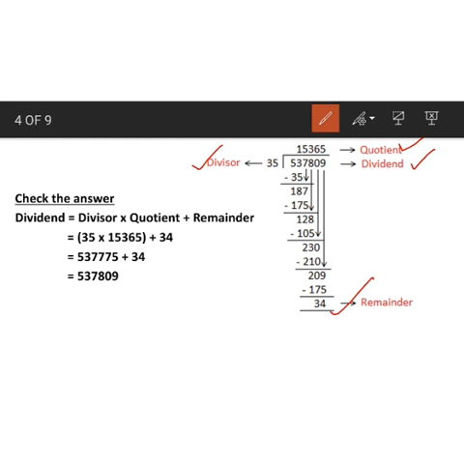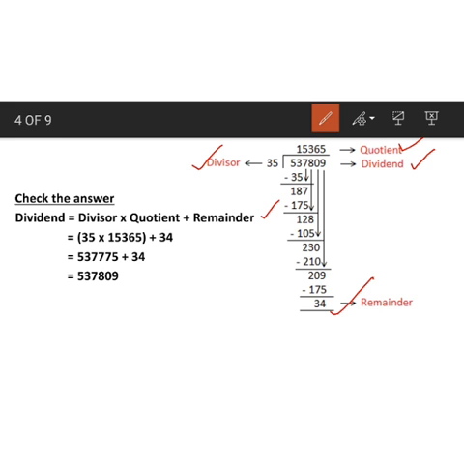Whether it is correct or not. So, here is the formula. Dividend is equal to divisor into quotient plus remainder. So now we will do it.